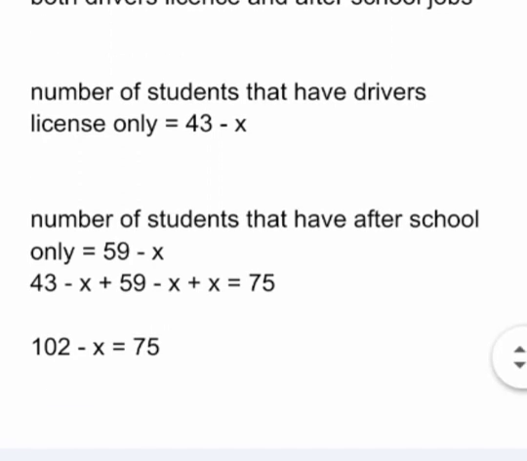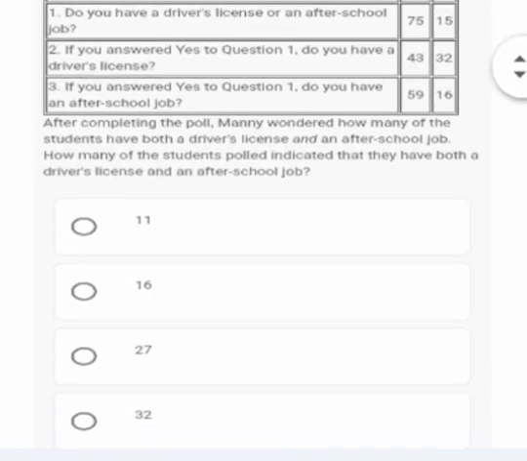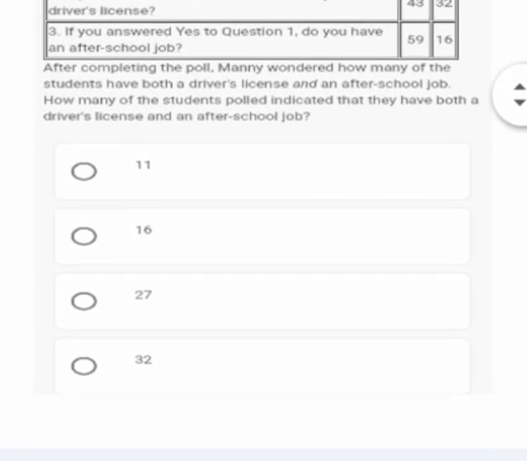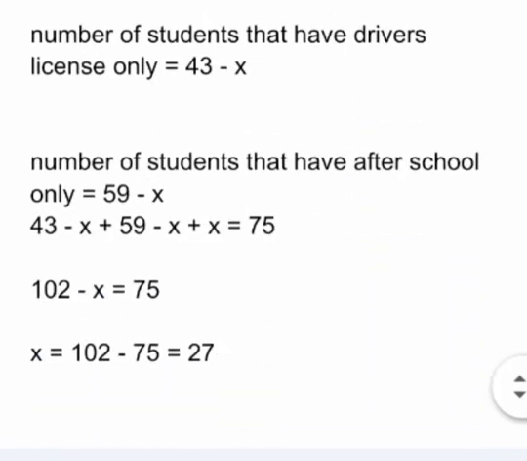Hence S will be equal to 102 minus 75, and that is equal to 27. So let's go back to the options. The correct option is the third option, which is 27.